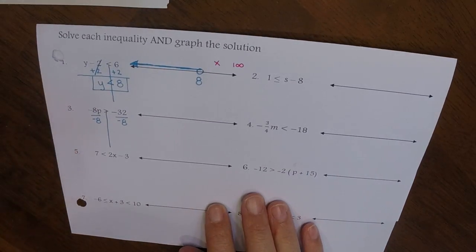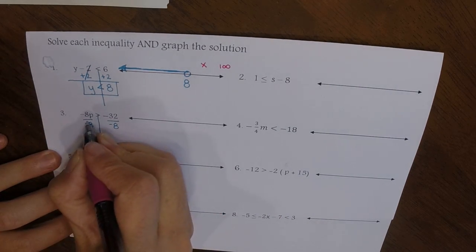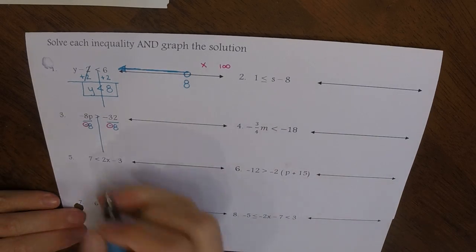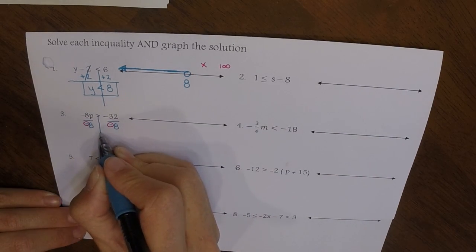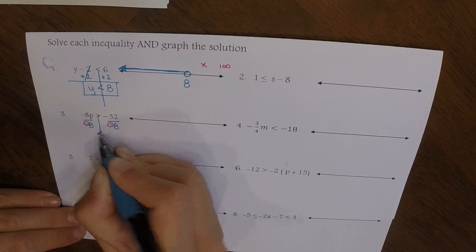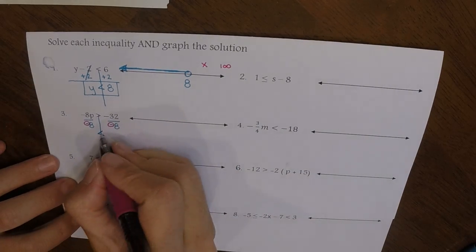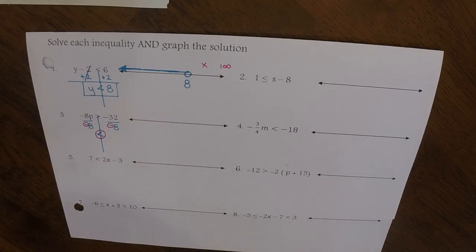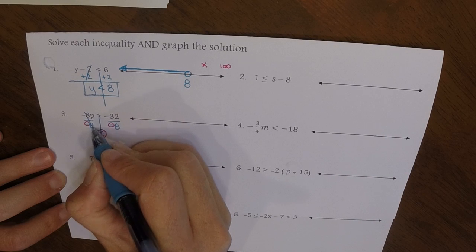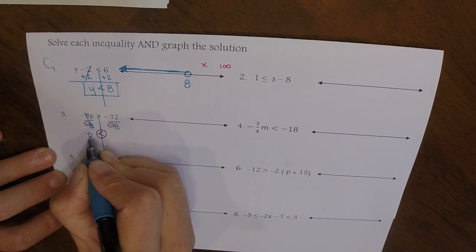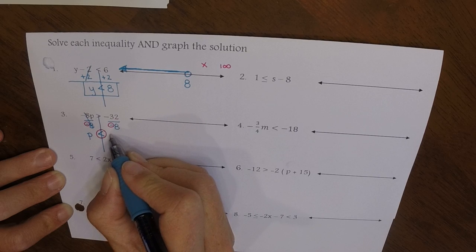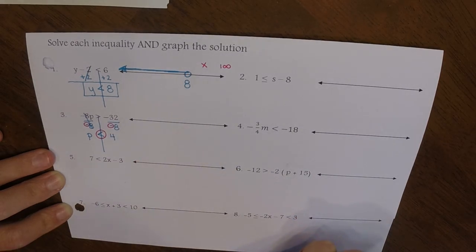So instead of writing a greater than, I'm going to write less than. Because I divided by a negative, I had to reverse the symbol. So now these would still cancel, and I have P less than -32 divided by -8, and I would get +4.